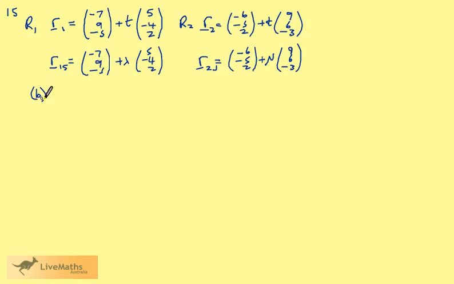In part B, we're asked to find the shortest distance of rocket 1 from the smoke trail of rocket 2 3 minutes after firing. So that's t equals 3.